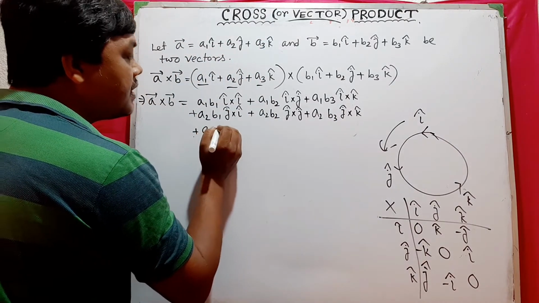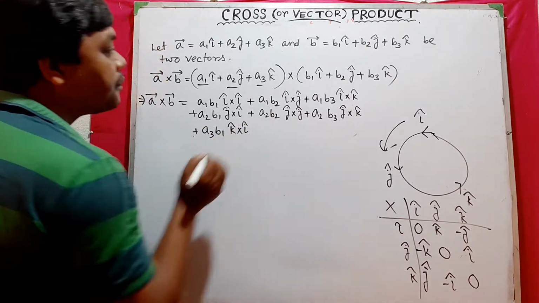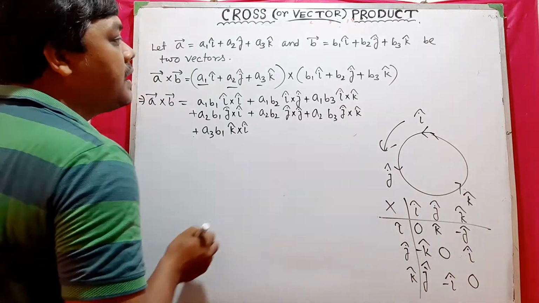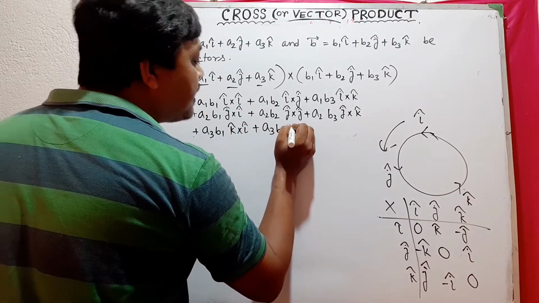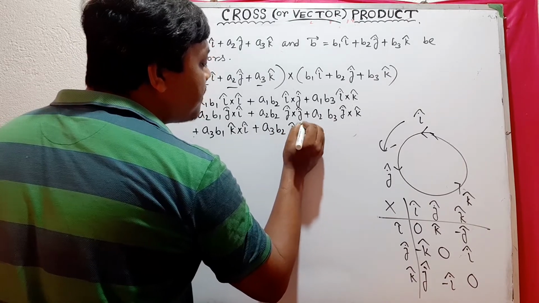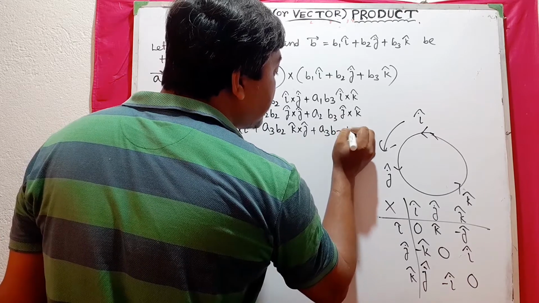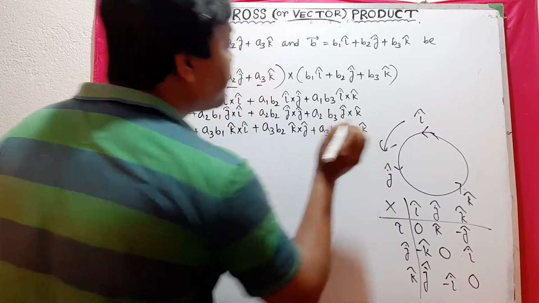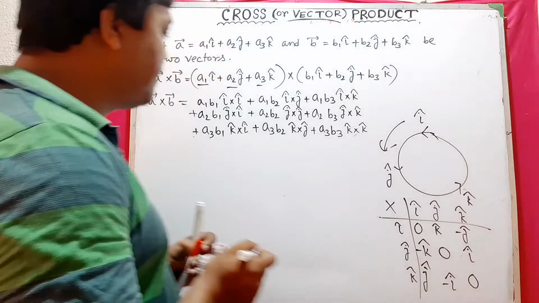A3 B1 K cap cross I cap, plus A3 into B2 K cap cross J cap, plus A3 into B3 K cap cross K cap. Okay? Clear?